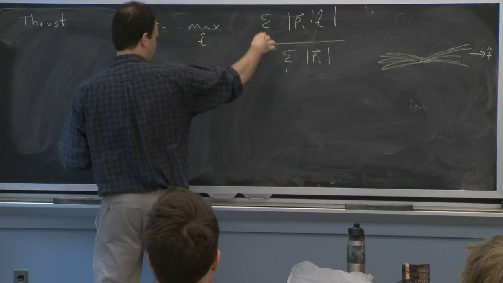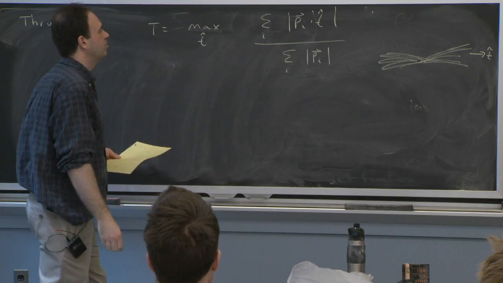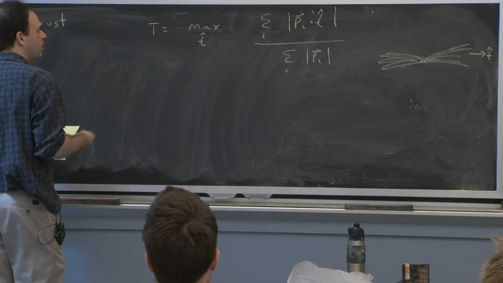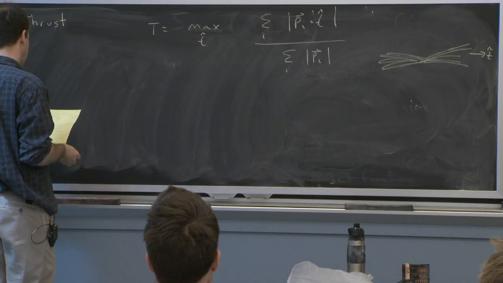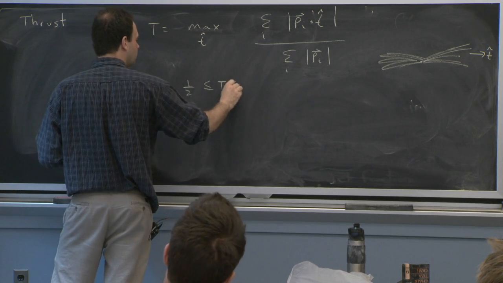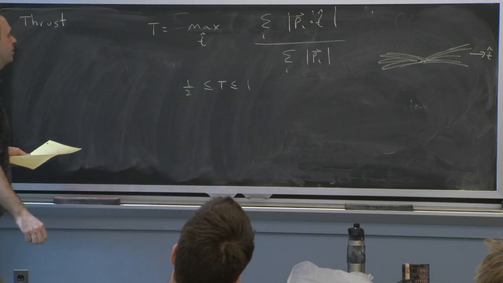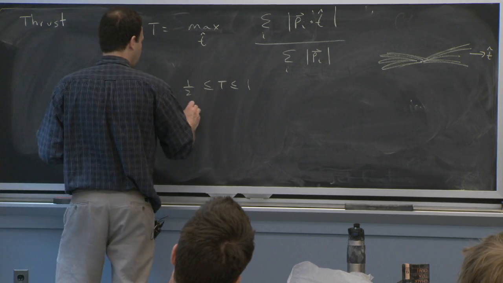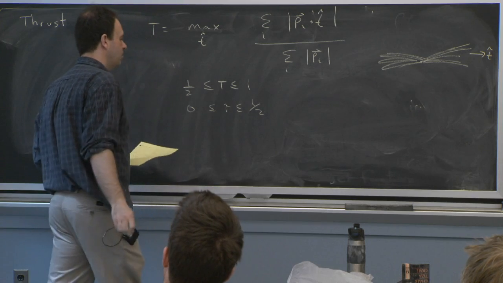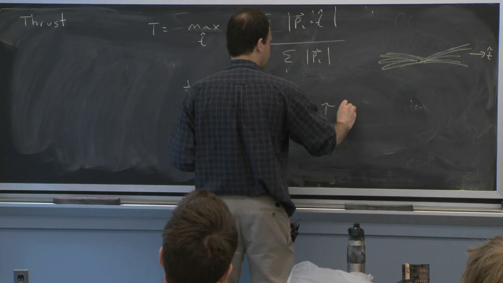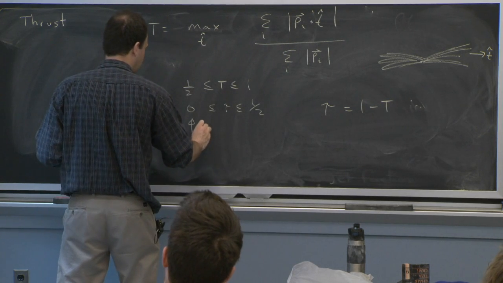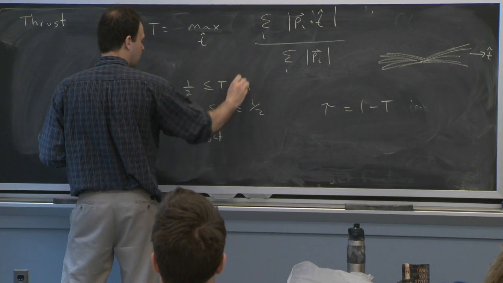You find the axis that maximizes this thing, and in the case of a dijets configuration, that aligns with the jet axis. Then you do this sum, and that calculates some variable T. T has kinematic limits between 1/2 and 1. If you want something a little more convenient, you define tau, which is 1 minus T. The dijets limit of tau is 0.